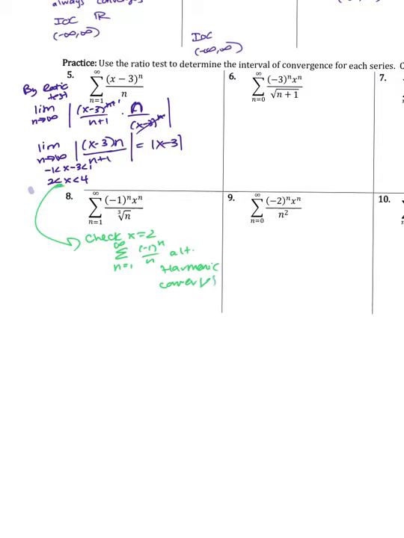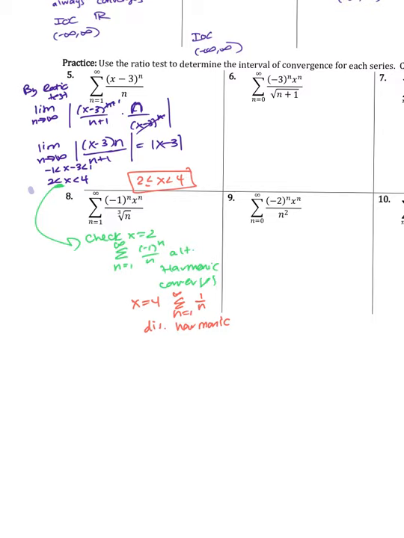And then we can check what happens when x equals 4. We're going to get the regular harmonic series. You may have guessed, 4 minus 3 is 1, and 1 to the n is just 1, which diverges because it's the harmonic series. So I'm going to rewrite my interval over here. Our final interval of convergence looks like this.